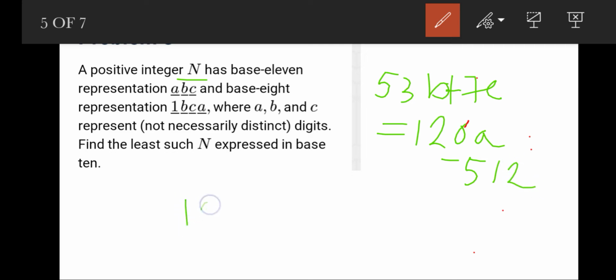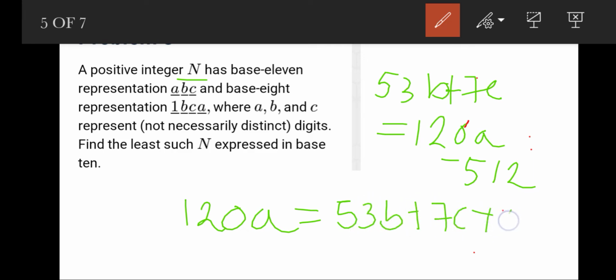So from here we can write that 120a should be equal to 53b plus 7c plus 512. So this thing must be divisible by 10. Since 2 is the rightmost digit of 512, the rightmost digit of 53b plus 7c must be 8.